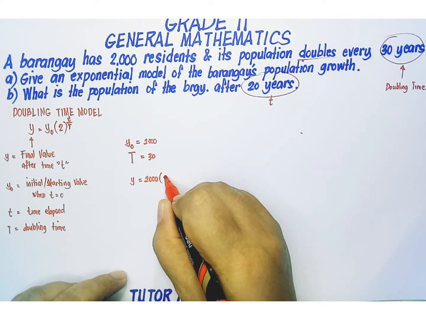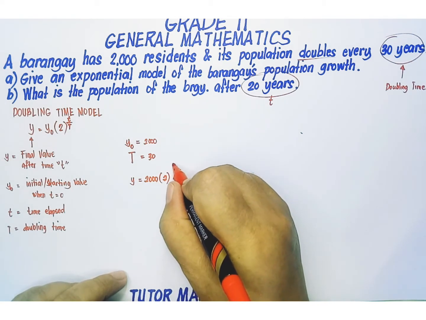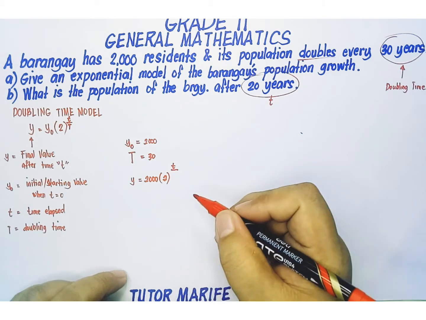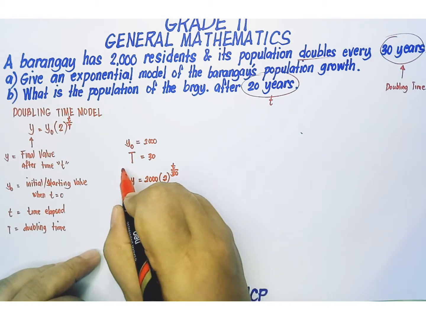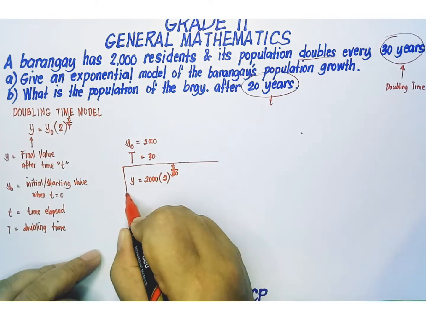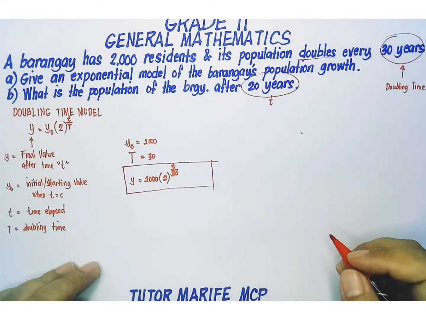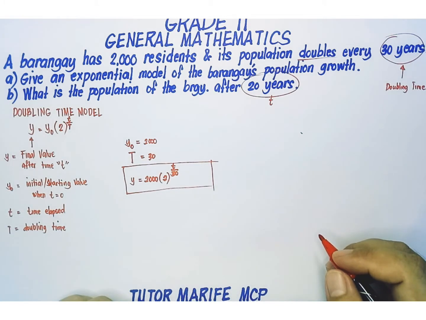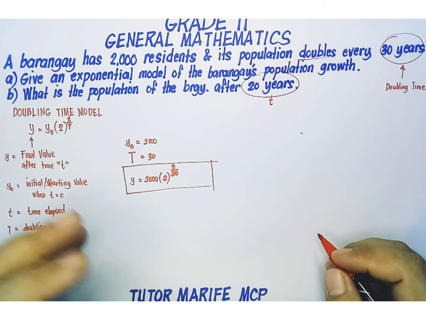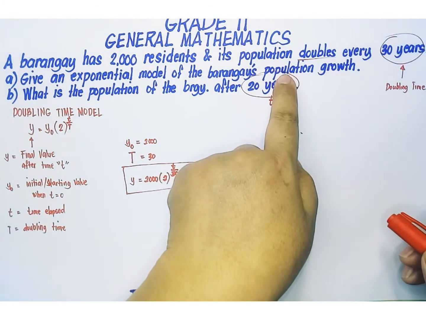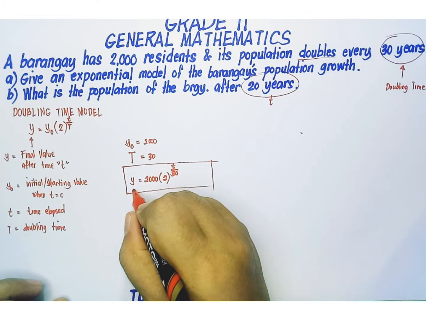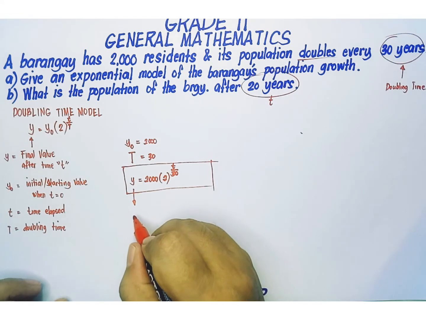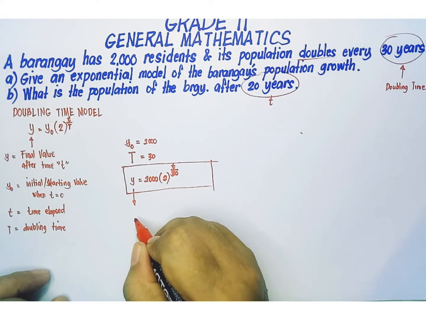You copy the base 2, tapos t over, you replace capital T with 30. This is our model.